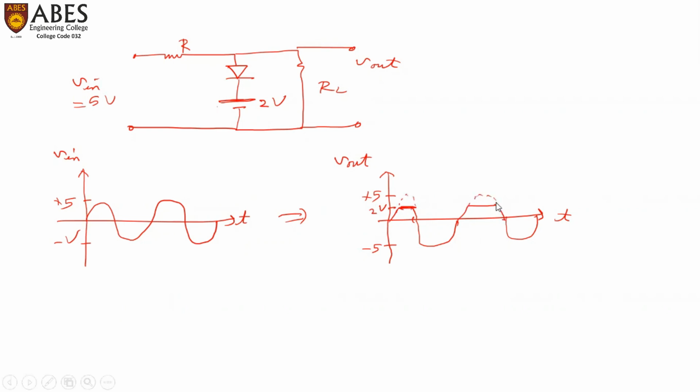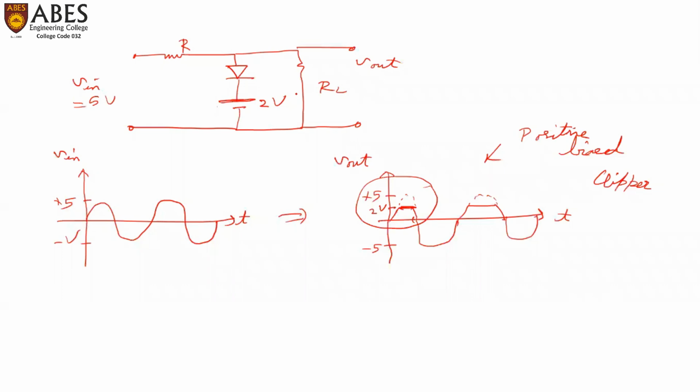So that is what we call a positive biased clipper, because it is clipping the positive portion but only some portion of the positive wave, not the complete.